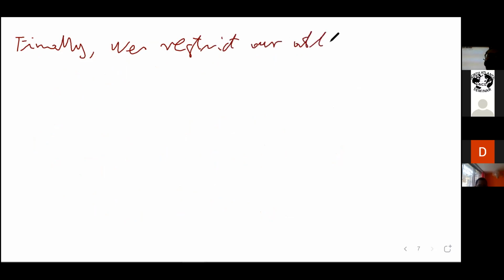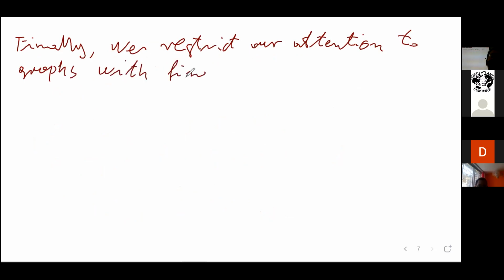So finally, we restrict our attention to graphs with finite zeros, and check the unitality.